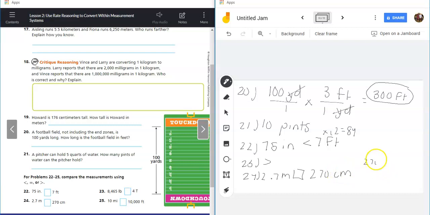So I know I have 270 centimeters over 1. There are 100 centimeters in 1 meter. When I do 270 divided by 100, I get 2.7. So that is actually equal. And my last one, 25, you should have gotten greater.